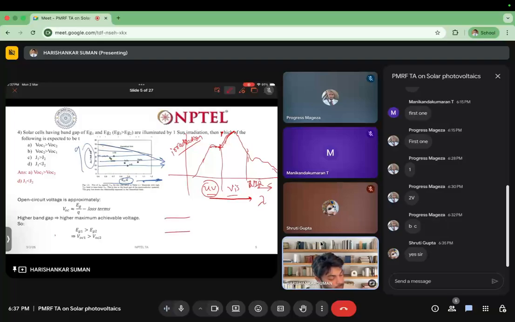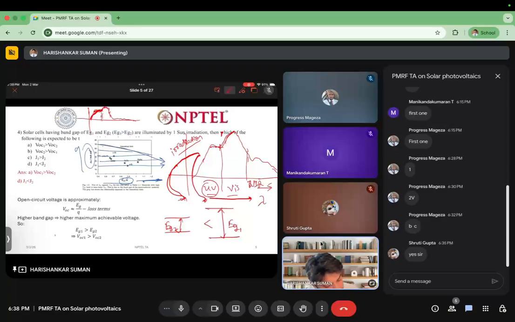Let me give you two band gap materials. This is Eg2, and Eg1, whose band gap is higher. And this spectrum is incident on both cells, first and second. Here is the maximum.